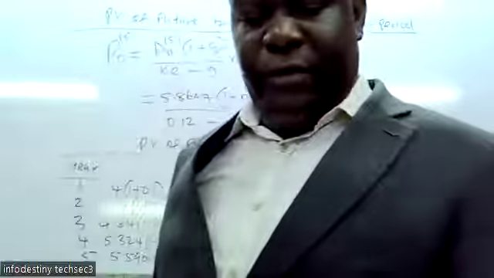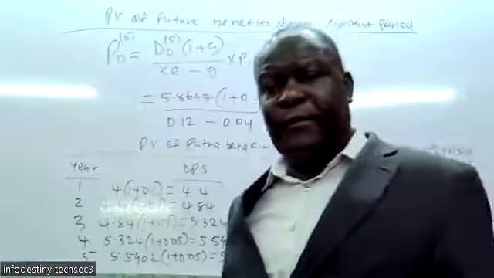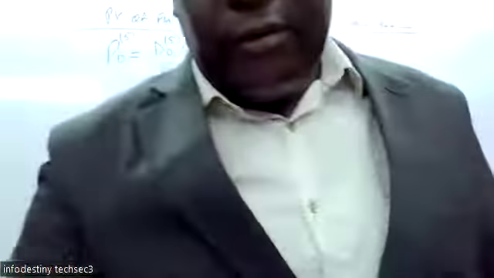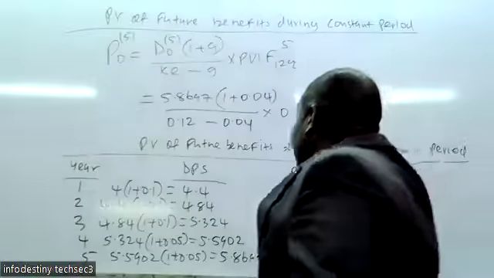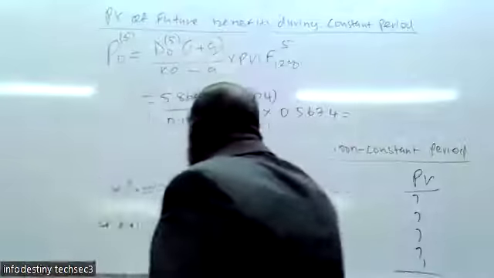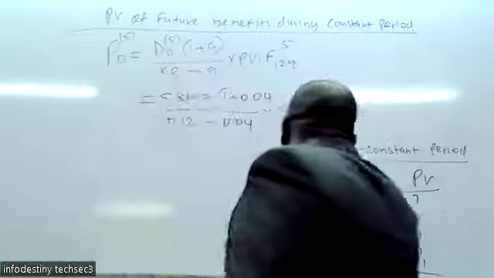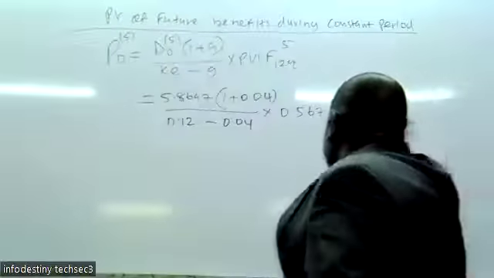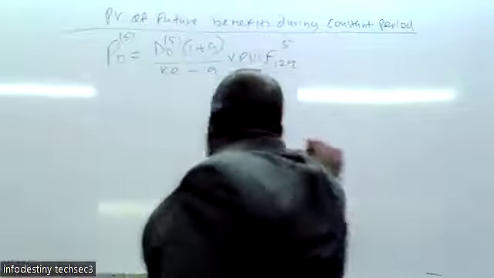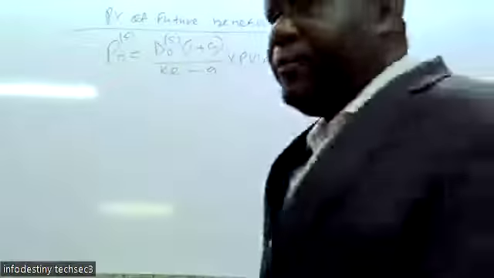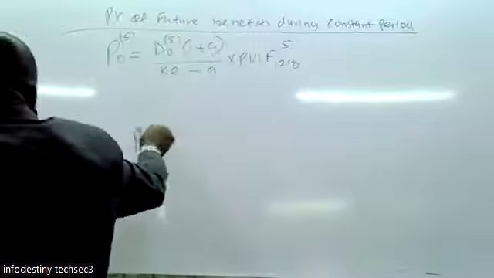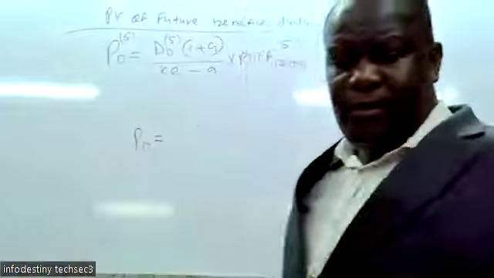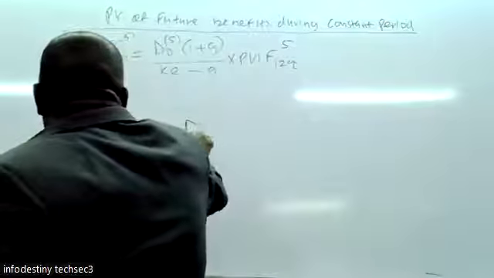And therefore, their theoretical value will be expressed as follows. So P0 is going to be equal to D divided by KE.